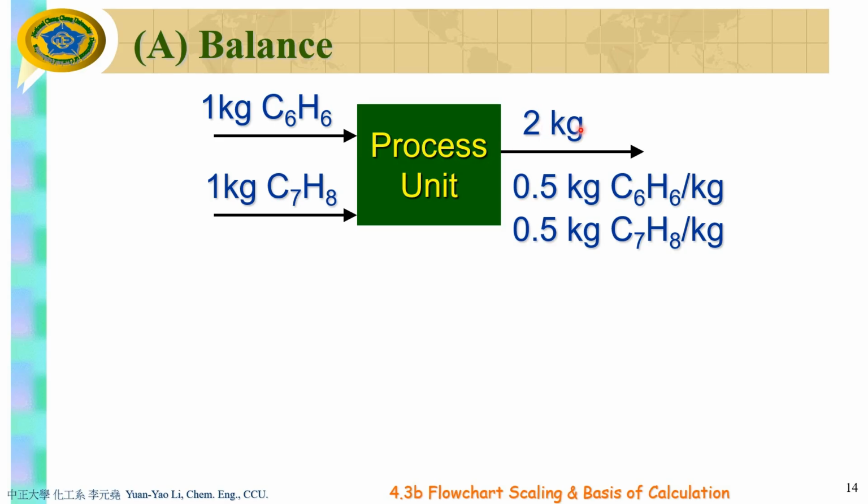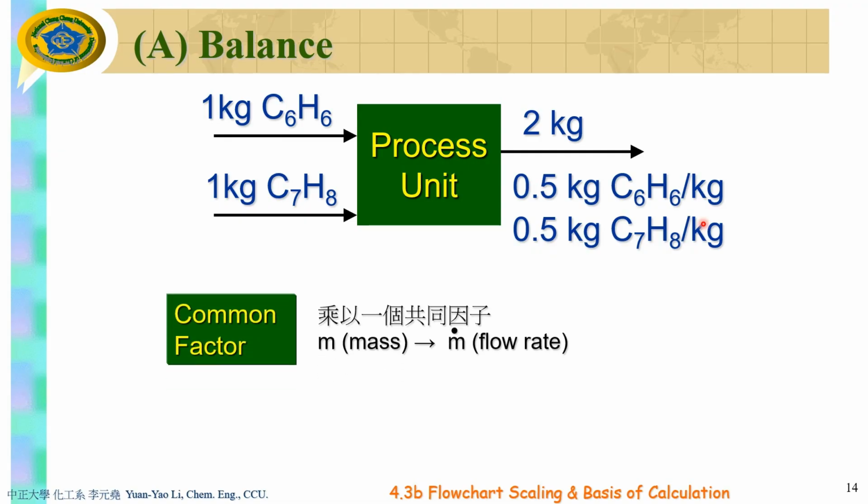Of course, you have 2 kilograms out, with 50% benzene and 50% toluene in the output stream. As you can see, this is a batch process because it doesn't involve time, right? But can we give a time in this process so we can use mass as a mass flow rate? Yes, it works. Still balanced.